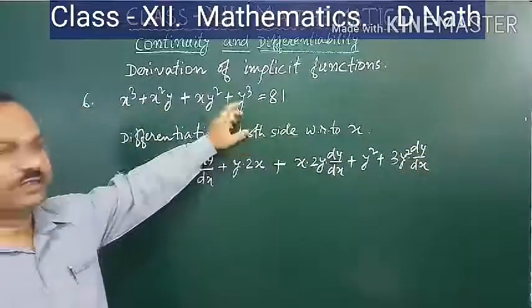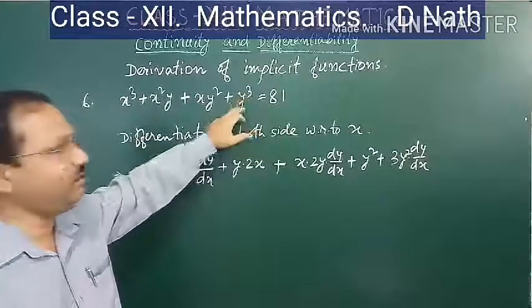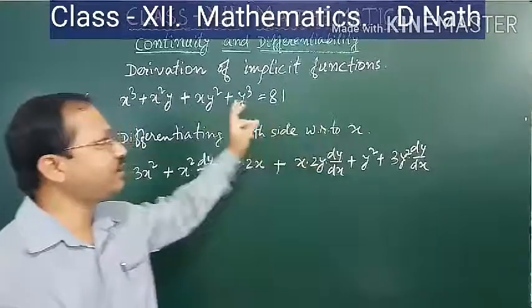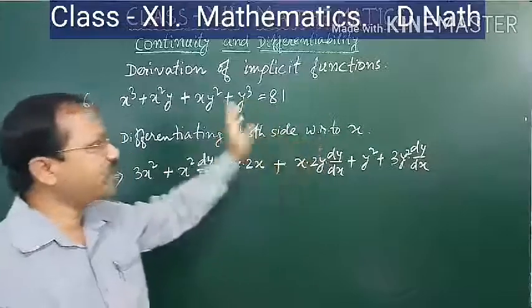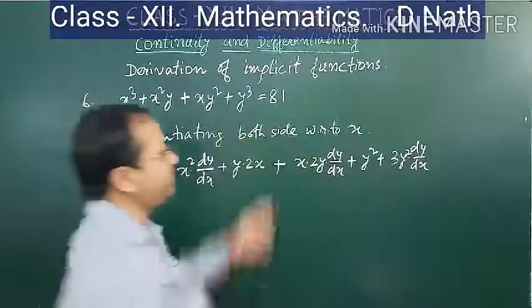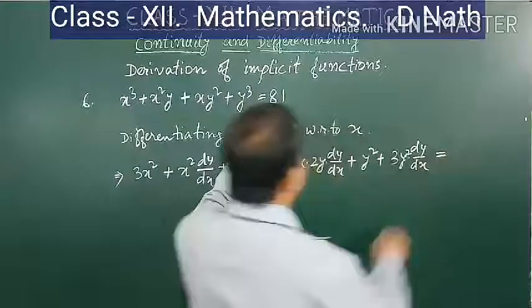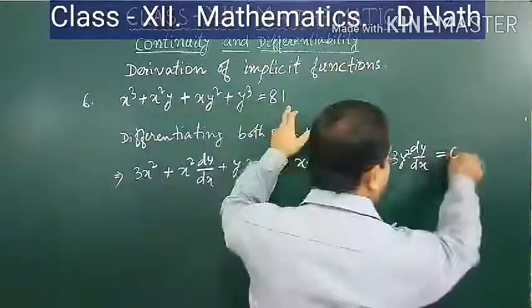Since it is y cube, the function is y, we are doing it with respect to x, so it is 3y square into dy dx, is equal to ddx of the constant term, so it is 0.